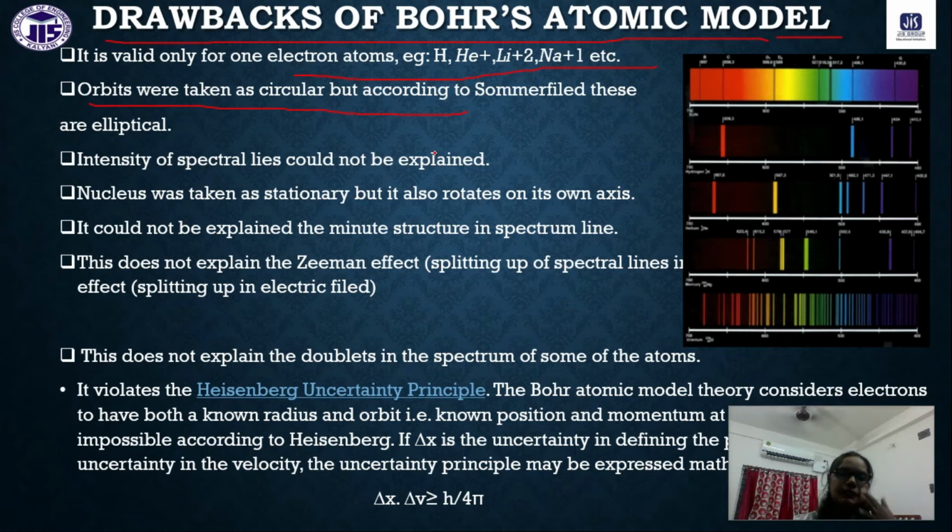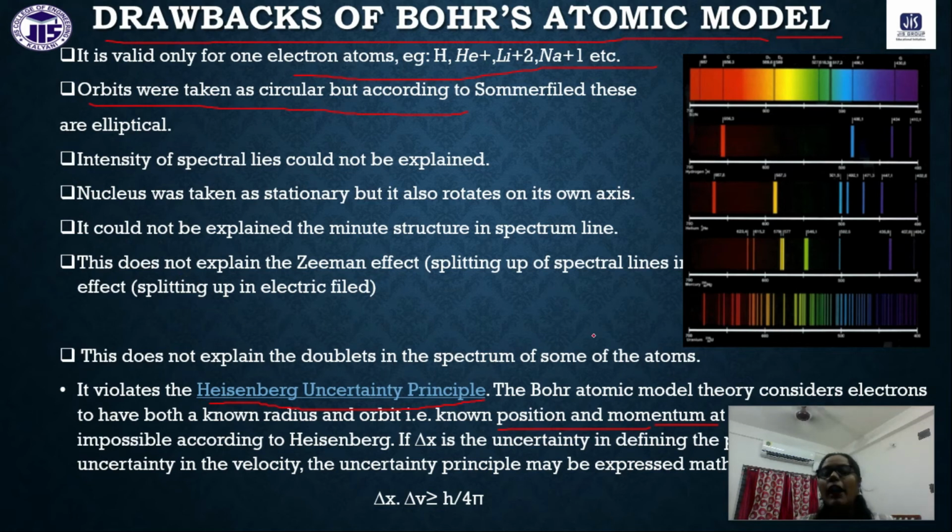And second, by the Heisenberg uncertainty principle, the position and momentum of an electron cannot be calculated simultaneously. But Bohr derived the radius as well as the energy, which is a drawback of Bohr's atomic model.